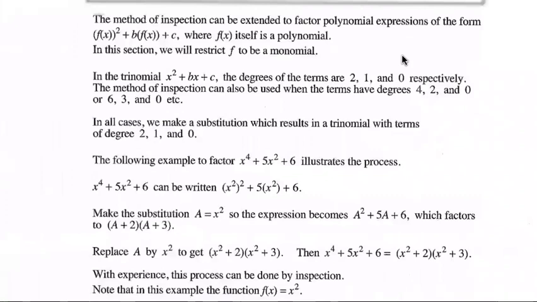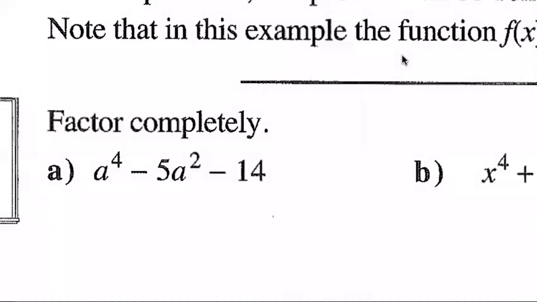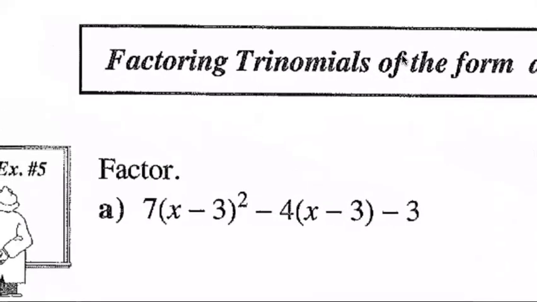Now that'll make sense as I go through some examples, but I'm not a fan of it being introduced here with this style of question. But later on when the questions get more difficult, it is significantly easier to say, hey, you know what?